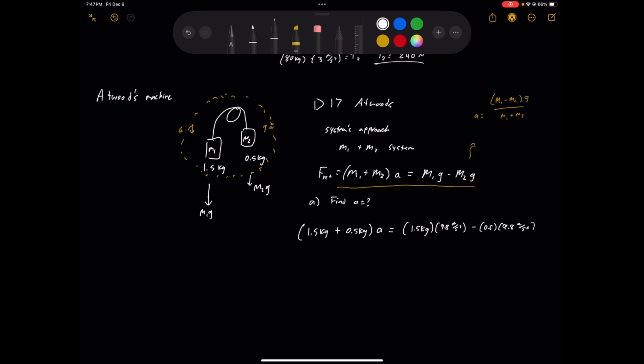If we have numbers, I think it's best to just plug in numbers. I've noticed that students are less likely to make a mistake if they are able to do that. So let's solve this out. So 1.5 plus 0.5, we got 2 kilograms, all right, times the acceleration has to equal the weight of object 1. So let's actually calculate that out.